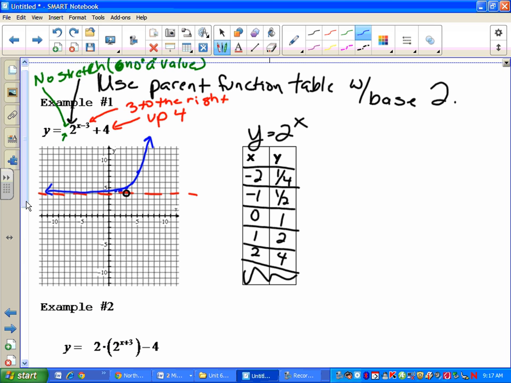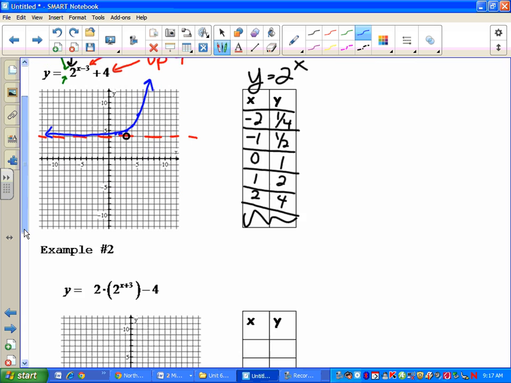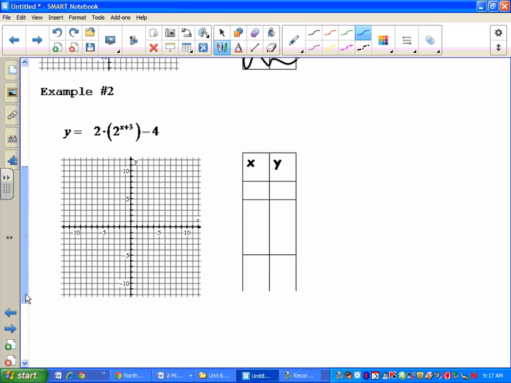Good question. Let's go to example 2, and we got a stretch for you. You know what? I don't like example 2. Let's change it. It's not too bad. Let's put a 3. No, let's leave it at 2. Sorry.